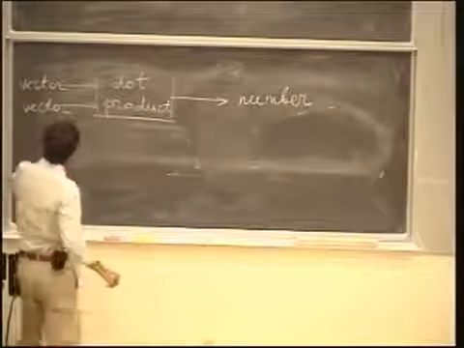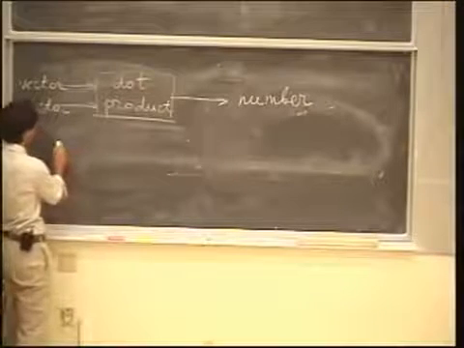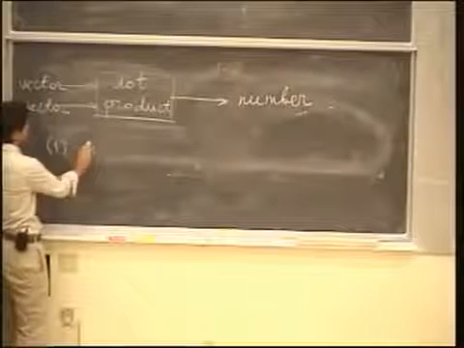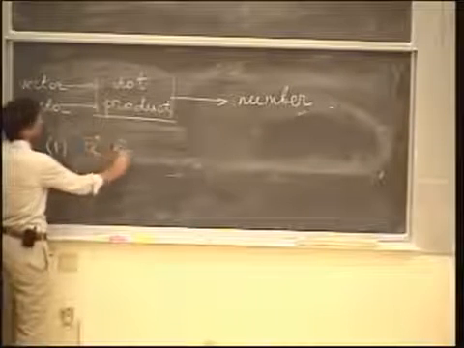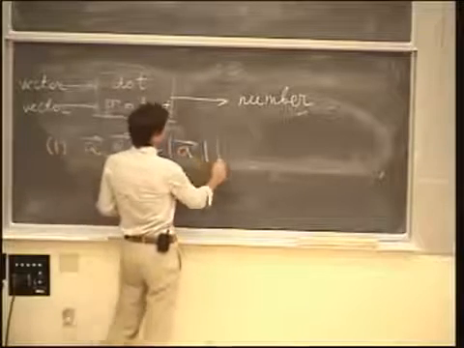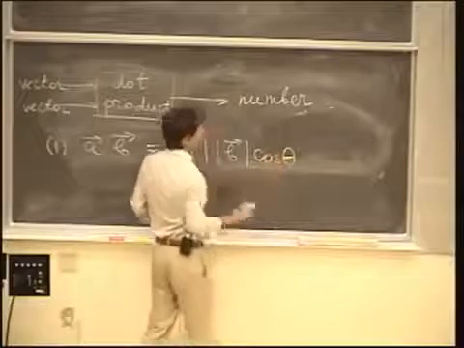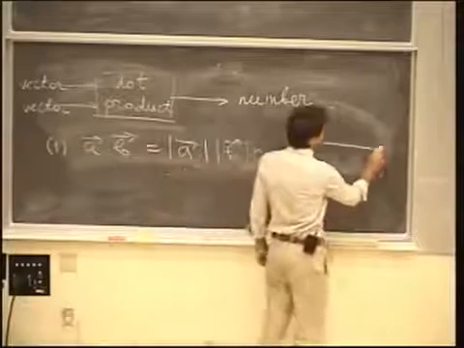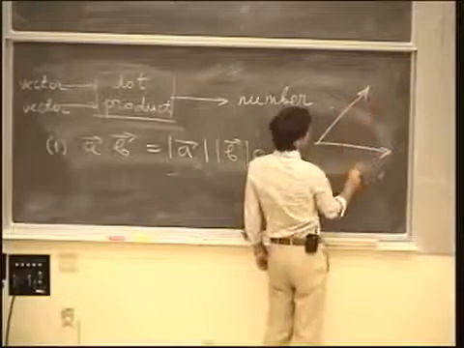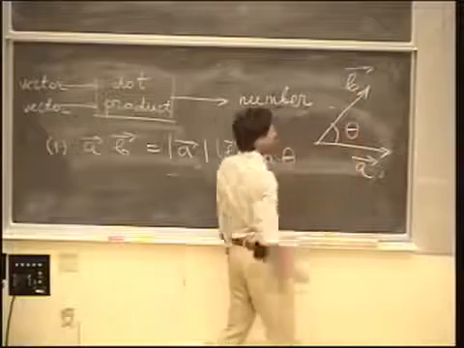And I explained last time that there are two ways to define the dot product of two vectors. The first way is geometric. We talk about the magnitudes of the two vectors and the cosine of the angle between them, which we call theta.